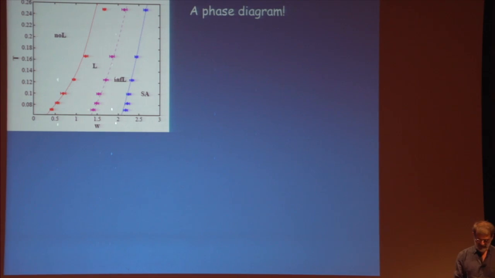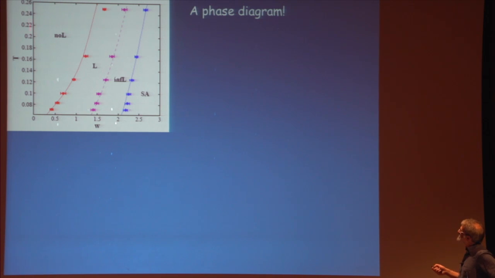And with Eleonora we did that. We got some kind of phase diagram here in two variables that I don't want to spend the time to explain. This is an analog of a temperature, and this is a parameter that enters this Potts description.